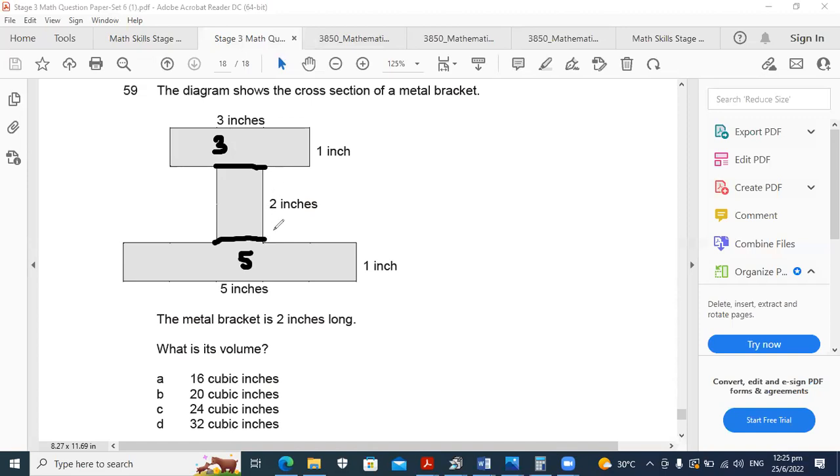Can somebody figure out this dimension here for the middle part? 13. Hmm? 12. Oh, sorry, not that part.